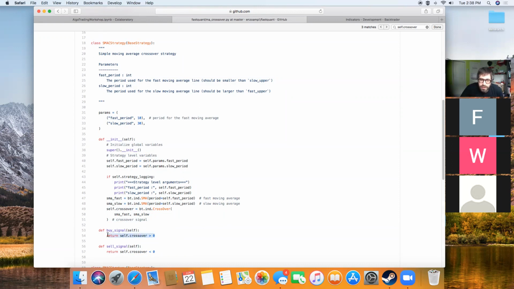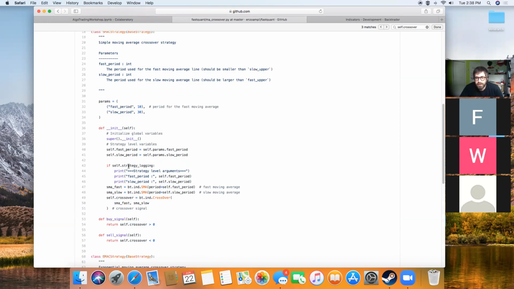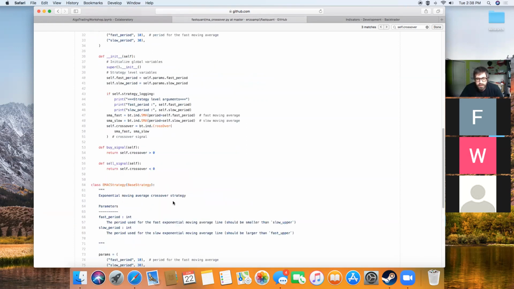This is why these operations you're seeing here will not return one value. This is returning a vector basically, or an array of booleans, true or false. But you don't have to worry about all the details of how it works. This is how simple it is to use it. This is an EMA strategy.